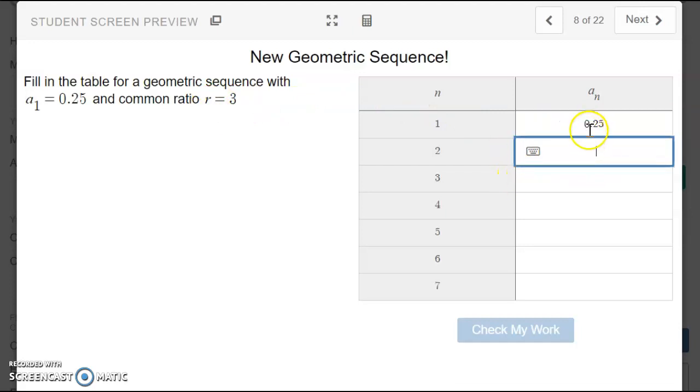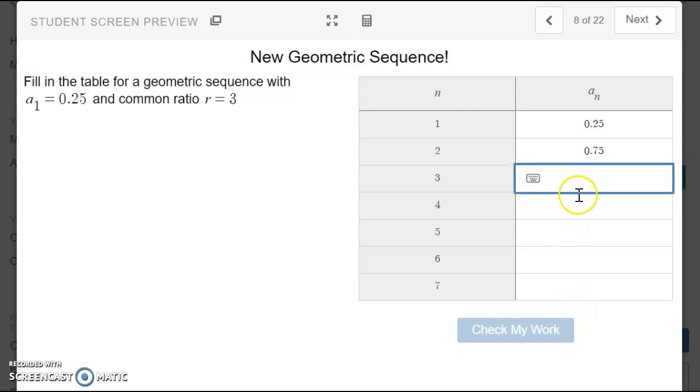So if I multiply 0.25 by 3, what do I get? I get 0.75. Now what do I get if I multiply the previous number, which is 0.75, by 3?